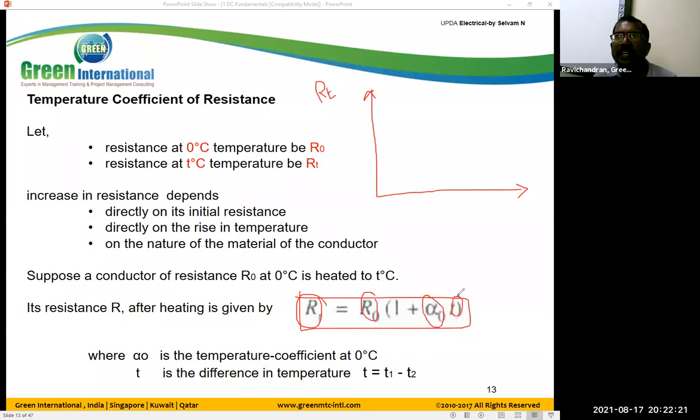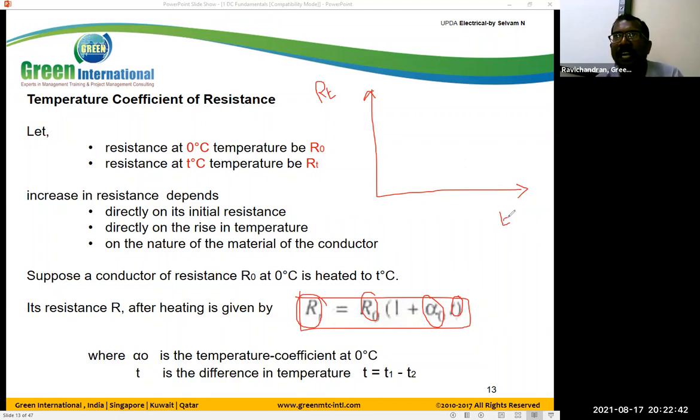Out of the three, the temperature T is the independent variable, because we need to find the resistance for 10 ohm, 20 ohm, 50 ohm, 100 ohm. That's why the independent variable is the temperature.